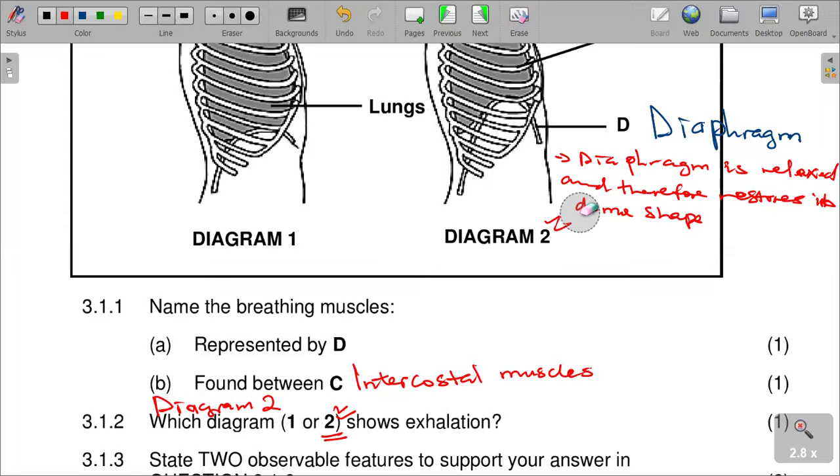It restores its dome shape. What else can we say?